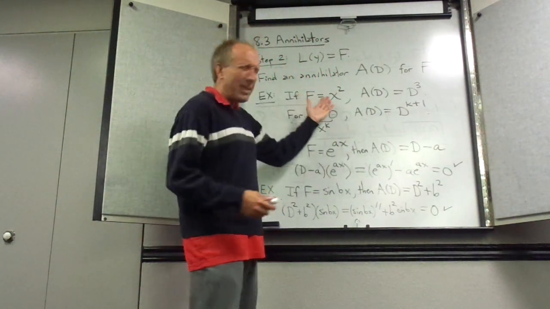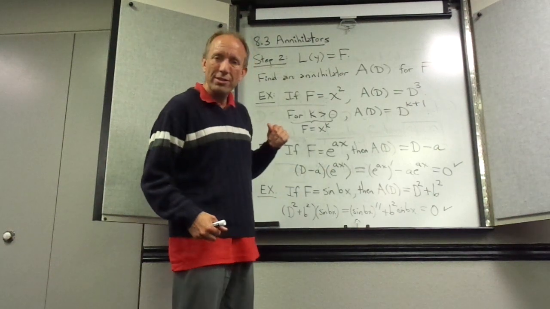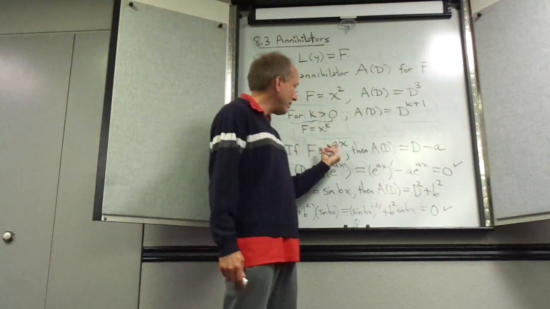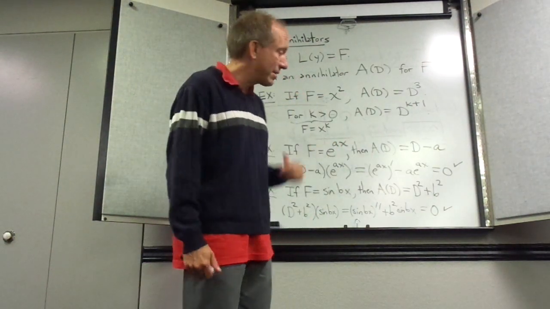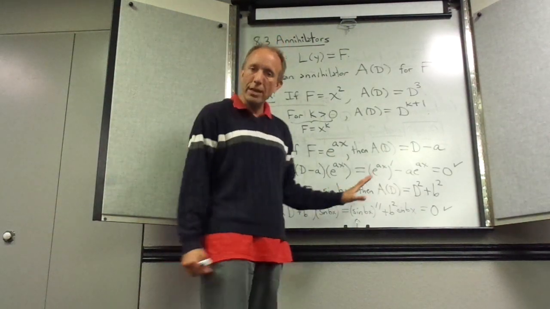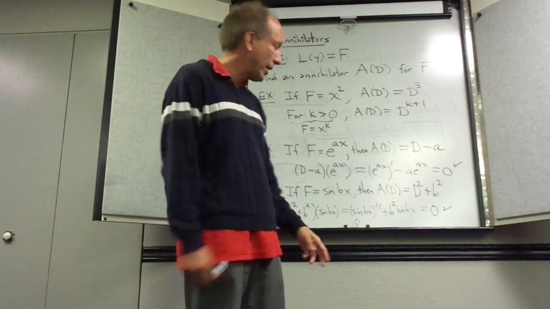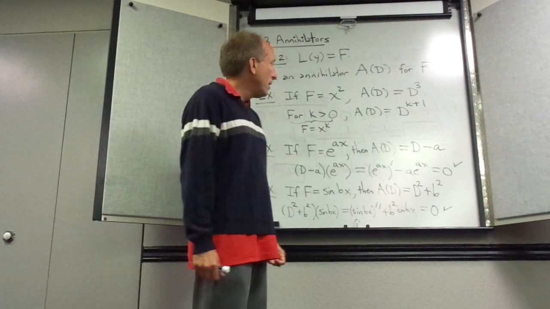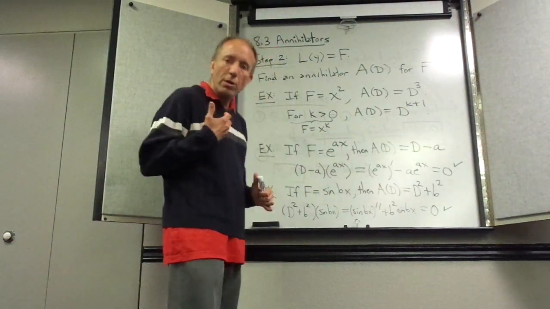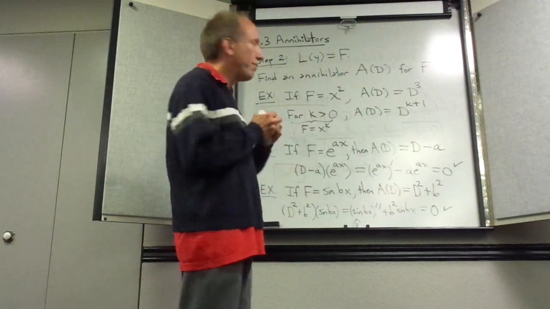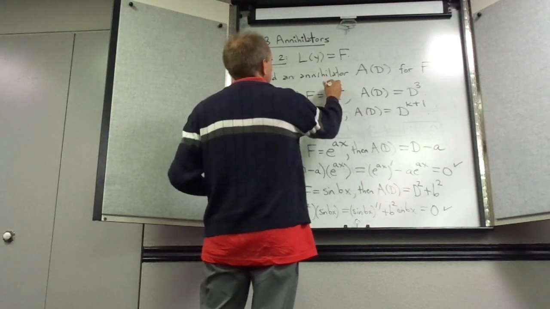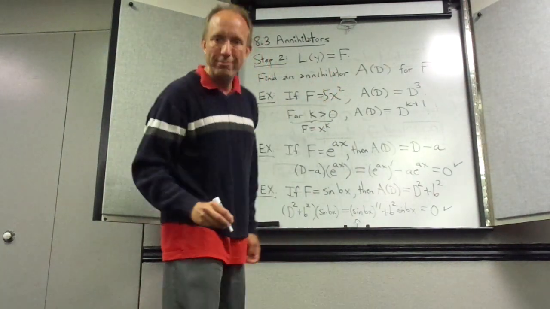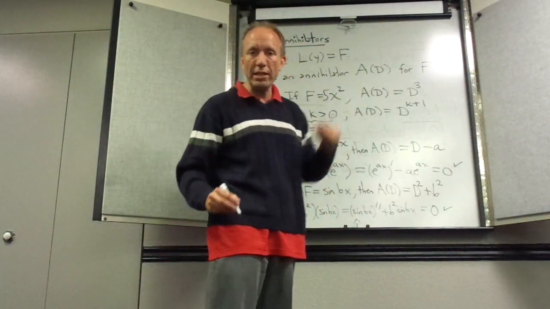So we know how to annihilate positive powers of x. We know how to annihilate e to the ax. And we know how to annihilate the sine and the cosine of bx. It turns out that you can also put constants in front of any of these. So if I want to annihilate 5x squared, the annihilator is still D cubed.